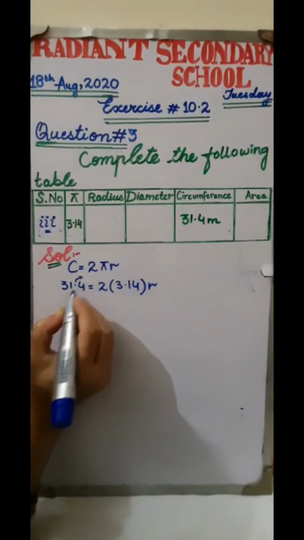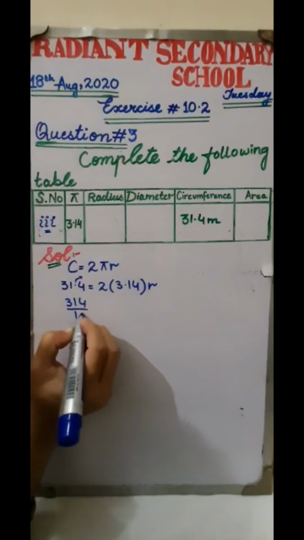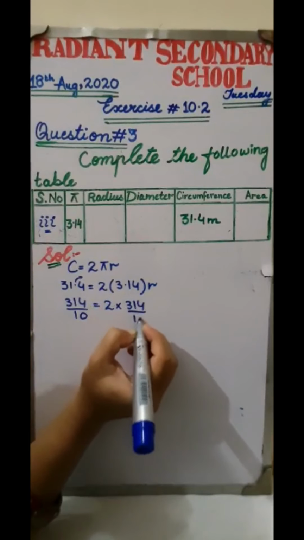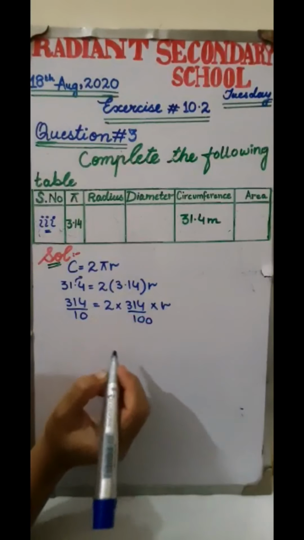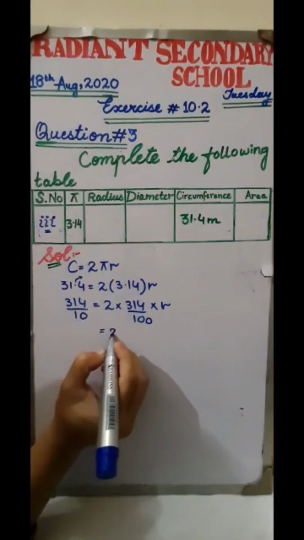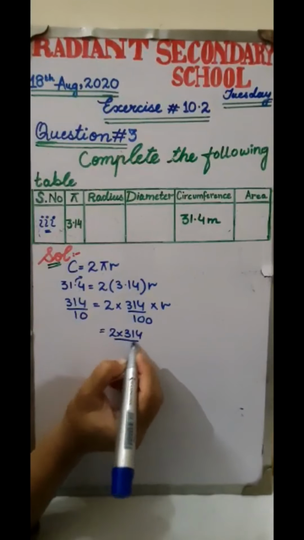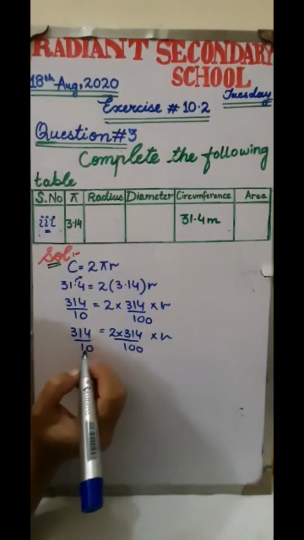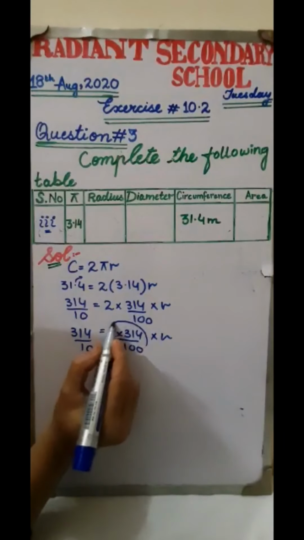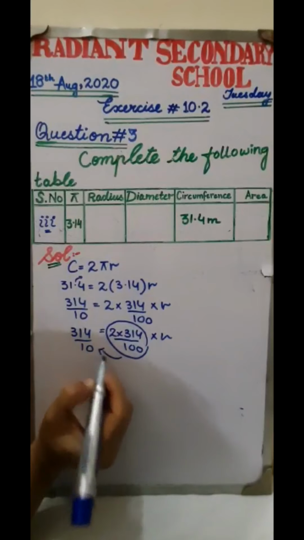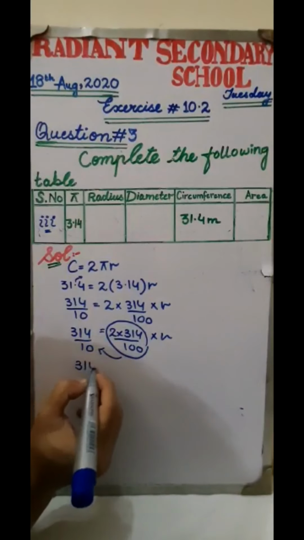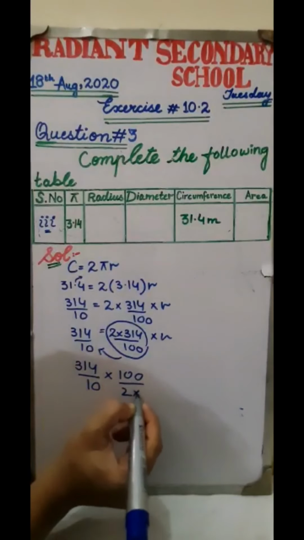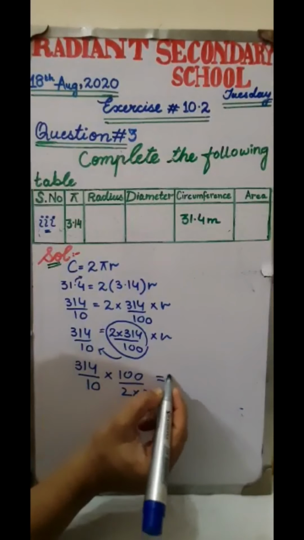Now remove the decimal point. It will become 314 over 10 is equal to 2 multiplied by 314 over 100 multiplied by r. Now you can write this as 2 multiplied by 314 over 100 multiplied by r, and 314 over 10 is as it is. Now you have to take that whole fraction to the other side. It will become the reciprocal, like this: 100 over 2 multiplied by 314 is equal to r.